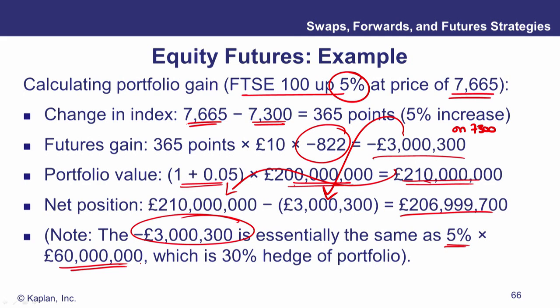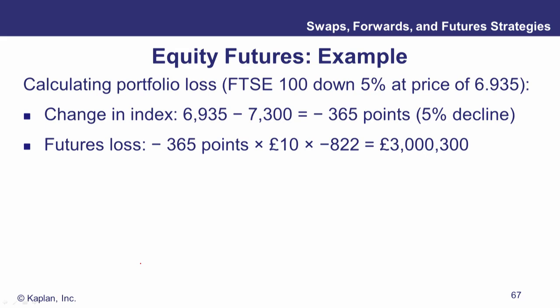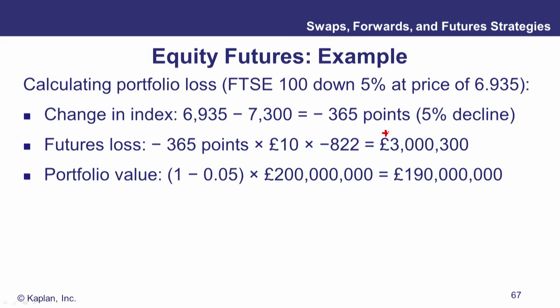And rather trivially, if futures went down, yes, we would make 365 points if it went down by 5%. The process is the same, it's just the numbers that have changed. We're going to gain on our futures now that we've sold, but that's because our portfolio is losing.